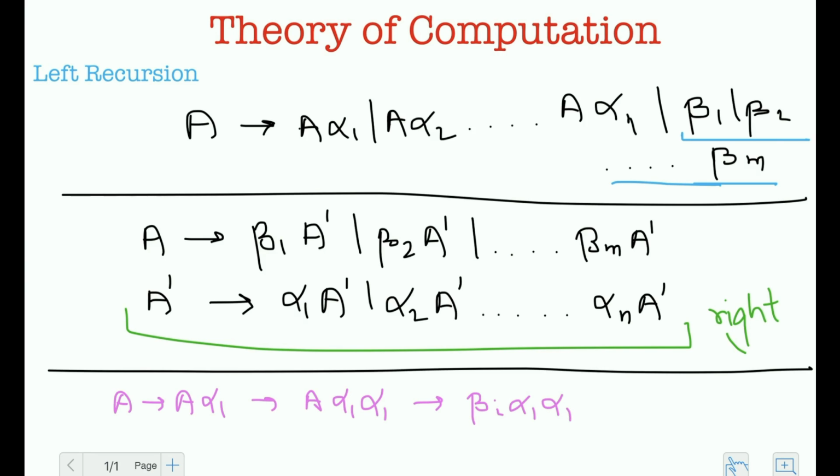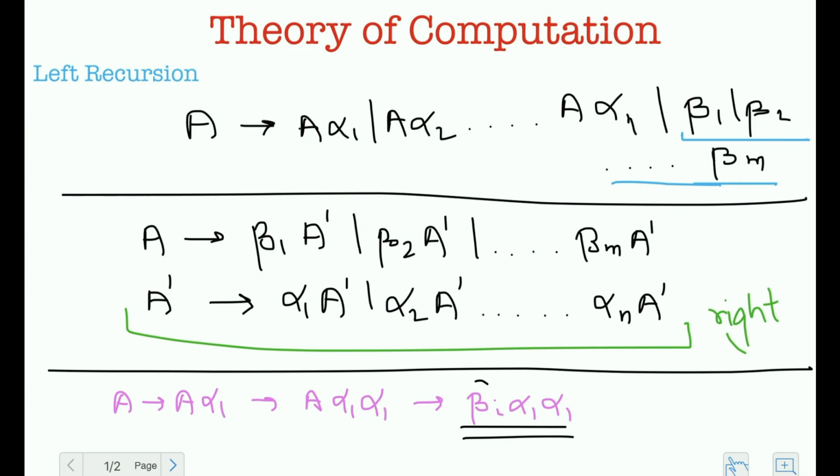So that's what I get from the first grammar. If I look at the second grammar now, can I get this right here, which is beta i alpha 1 alpha 1? All I have to do is say that my A first goes to beta i A prime, and then A prime just goes to, let me just do it here.